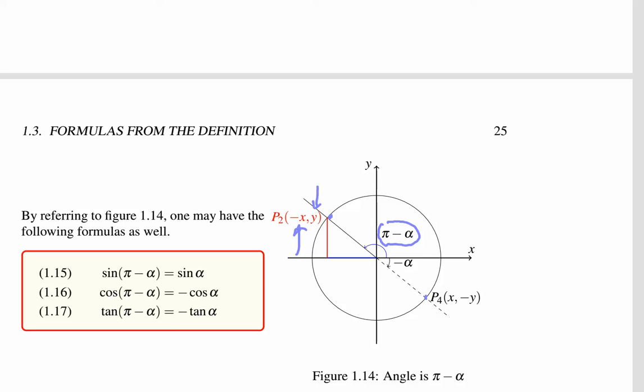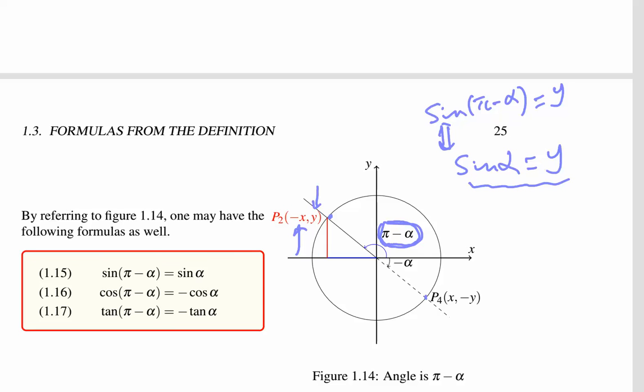We previously remembered that sine alpha is y. So sine of this angle, pi minus alpha, is y, and sine alpha is also y, so they're equal. That's the first one.